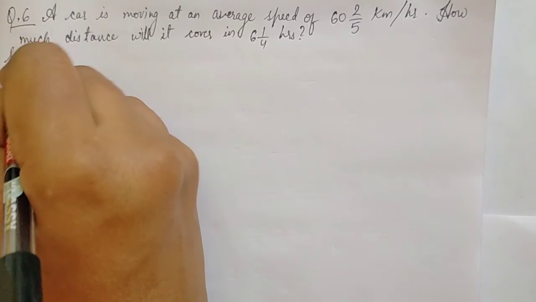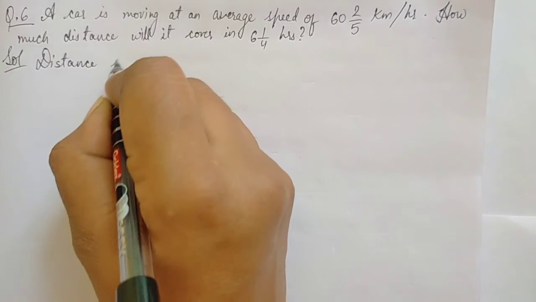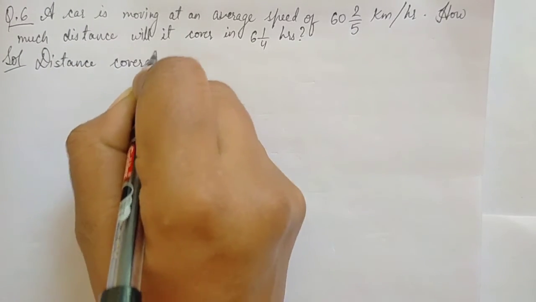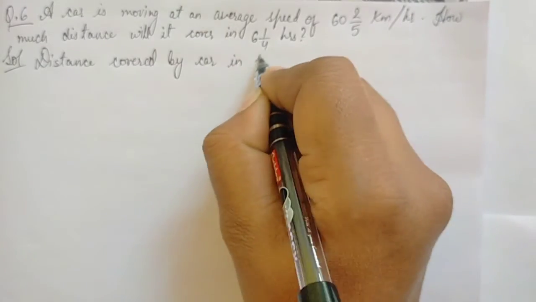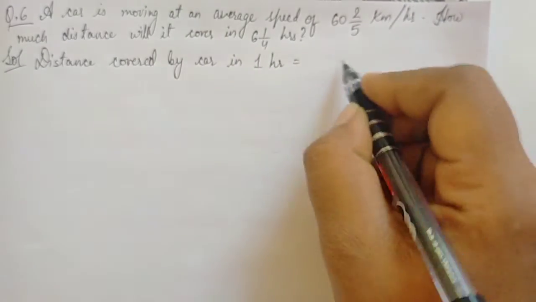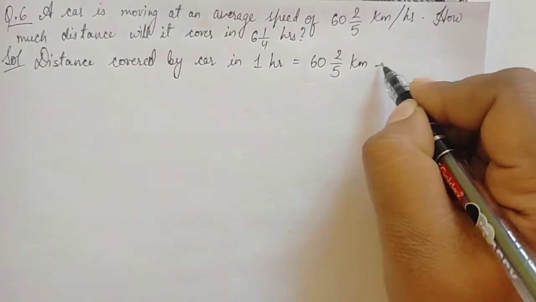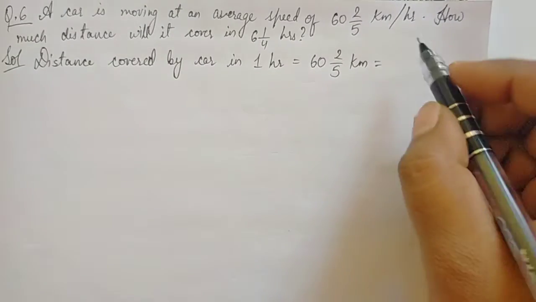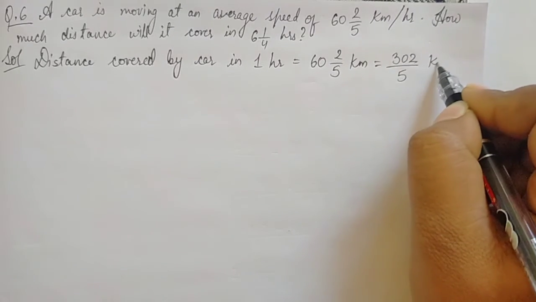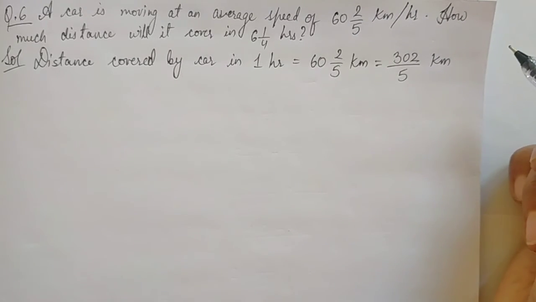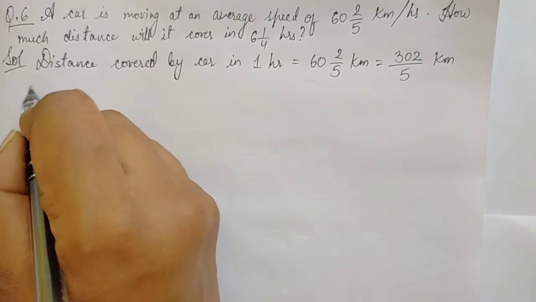So distance covered by the car in 1 hour is given, that is 62/5 km, and we can convert it into an improper fraction. 6 5s are 30, that is 300, 300 plus 2 is 302 upon 5 km. And now we have to find out the distance covered by the car in 6 1/4 hours.